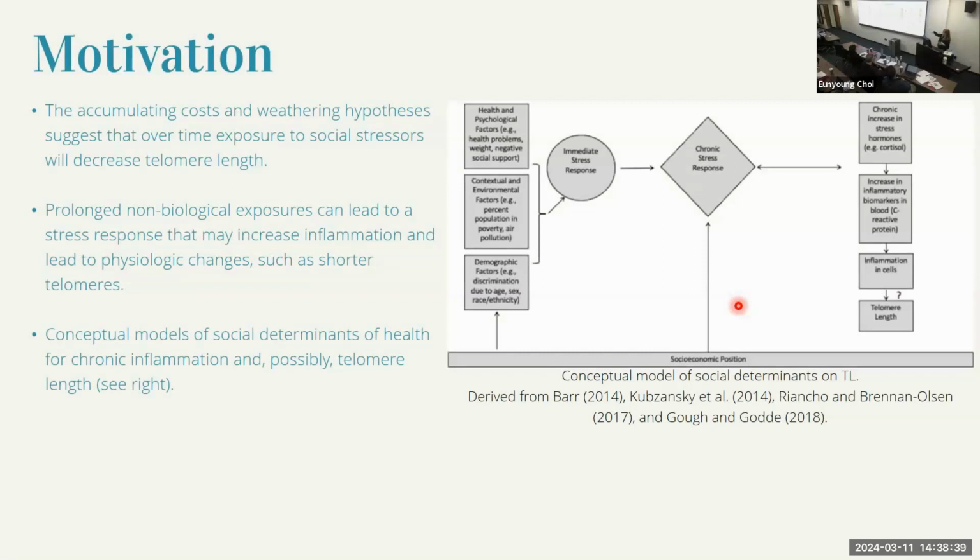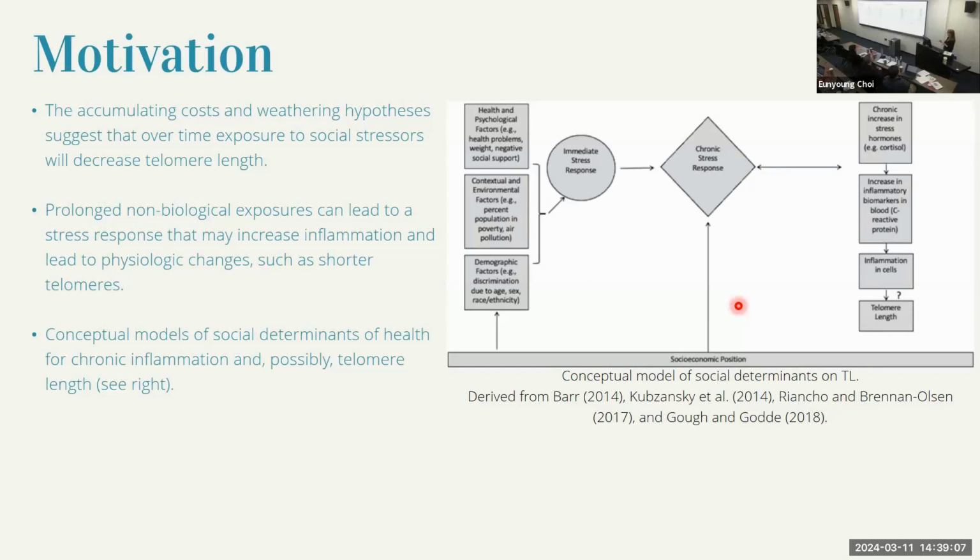So on the left-hand side, I know it's a little tiny, you have all these different kinds of exposures. So this is just giving you a few. I'll talk more about why it's not all of them in a minute. But you can think about health and psychological factors. You can think about contextual and environmental factors, as people have been talking about already. You can think about demographics, economics, political context, and so forth.